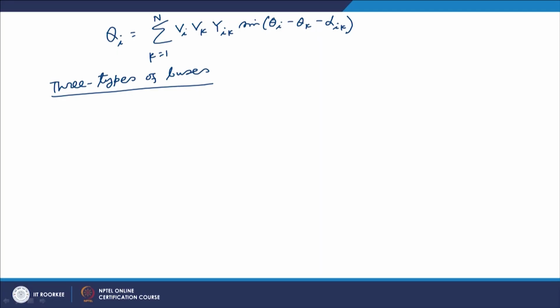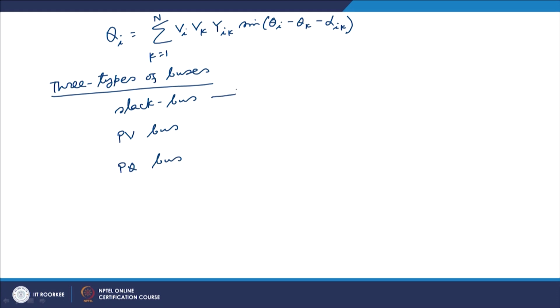Now, let us see what is the total number of unknowns. To understand that, we first have to understand what the unknowns are at different buses. We have already discussed that there are three types of buses: one is slack bus, one is PV bus, one is PQ bus.